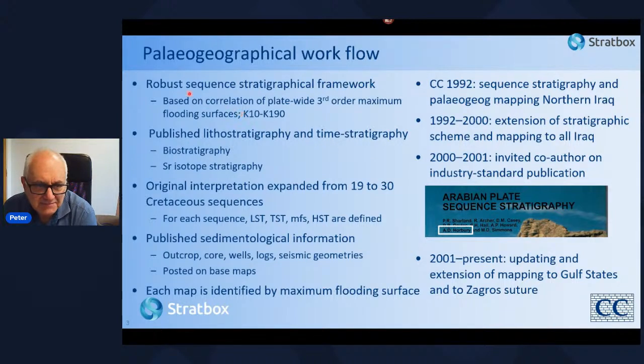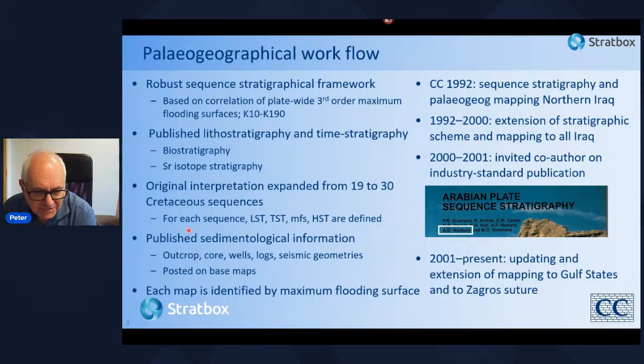So each of these maps is based on a robust sequence stratigraphic framework. It's based on the correlation of plate-wide third order maximum flooding surfaces with the terminology of K10 to K190. We have incorporated published lithostratigraphy and time stratigraphic information, including biostratigraphy and strontium isotope stratigraphy. And compared with our original interpretation in 2001, we have expanded the number of Cretaceous sequences from 19 to 30.